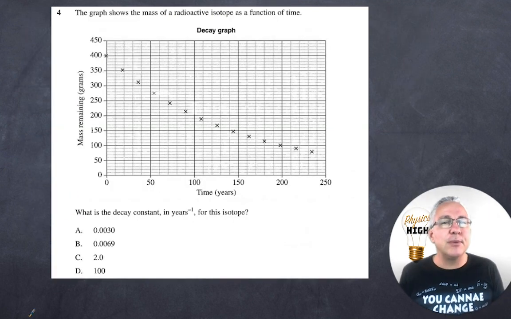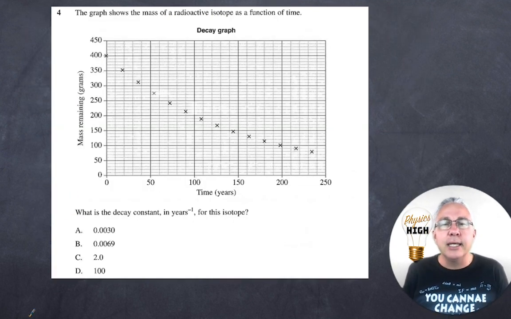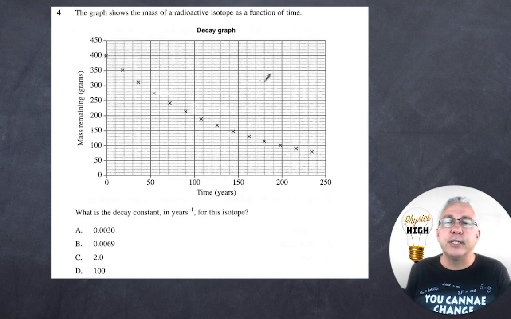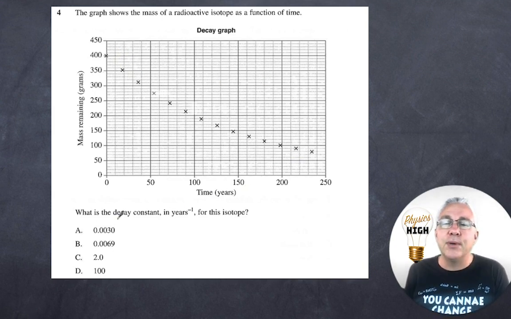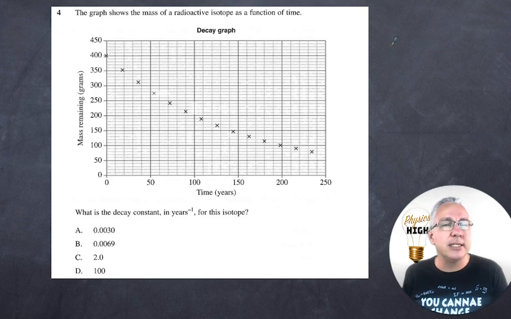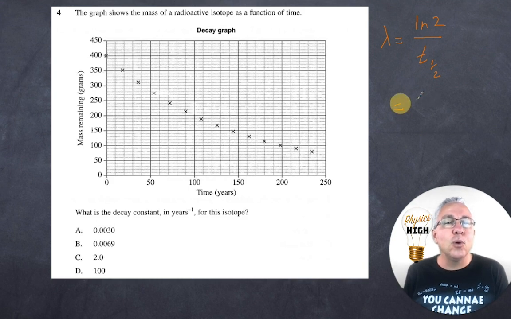Question number 4. Now we're jumping to module number 8, and in this case it's about radioactive decay. And so we have this characteristic half-life decay rate, and we're asked for the decay constant. Now, what is the decay constant? Well, the decay constant, which we often refer to as lambda, is equal to the value of natural log 2 over the half-life of the substance. Now, all we need to do is work out natural log 2, and we need to know the half-life.